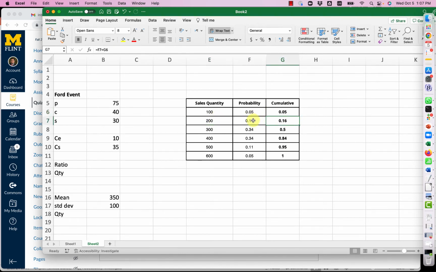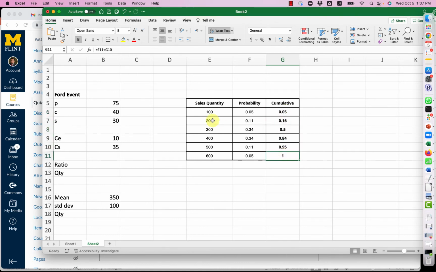That's the probability I can be 200 or lower, so these two probabilities added together: 0.11 plus 0.05, or 0.16. Similarly, you can just drag the formula down. 0.34 plus 0.16 gives you 0.5. The probability that demand is 300 or less is 0.5. That's a cumulative probability, and it goes up all the way to 1.